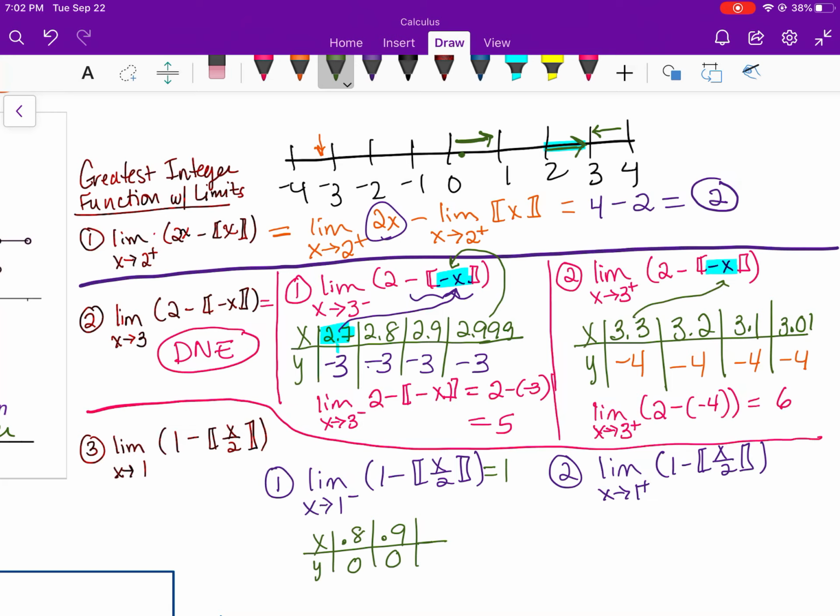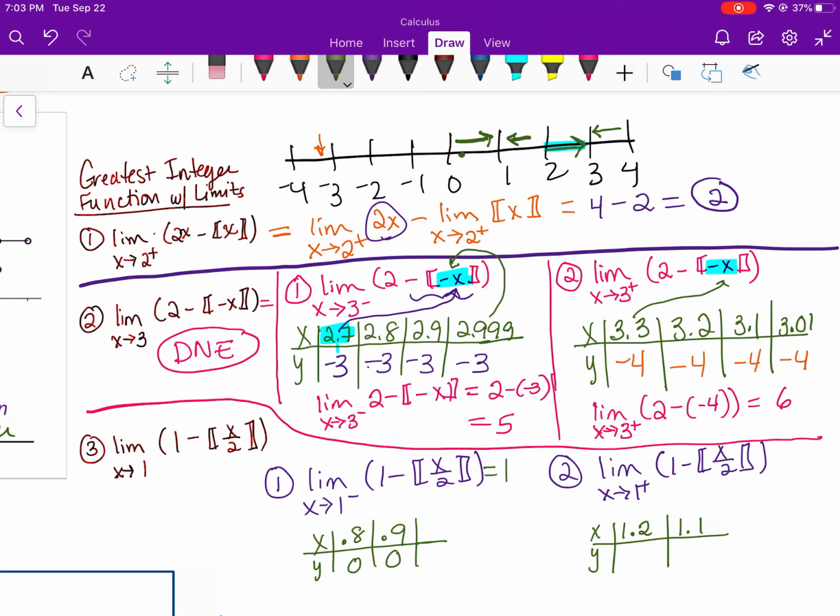On the right side of 1, I'm going to come in from 2. So I might have something like 1.8. Oh, let's come in a little bit closer. Let me do something really close to, like maybe a 1.2, maybe a 1.1, something like that.